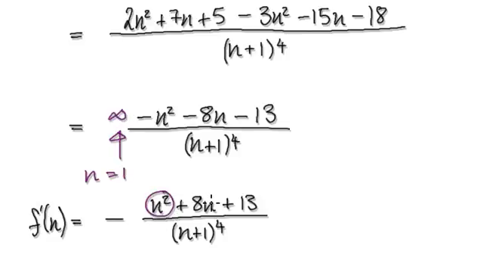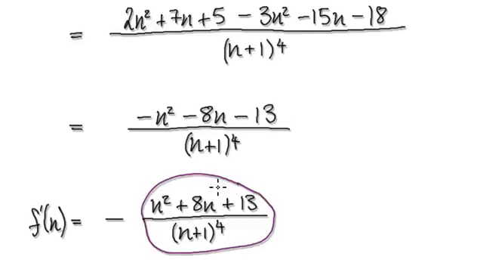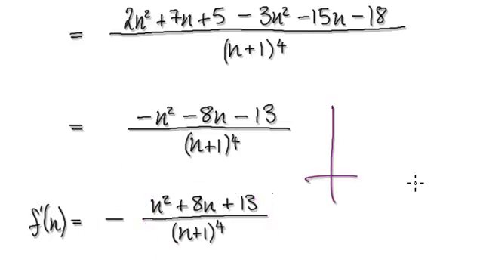So this will always be positive, this will always be positive, this will always be positive. This whole bubble here will always be positive because n is moving from 1 to infinity. If this whole thing is always positive, you've got a negative here, making the whole thing always negative. So if the derivative is always negative, it means it's always going downhill.